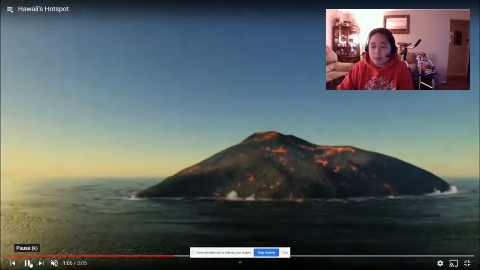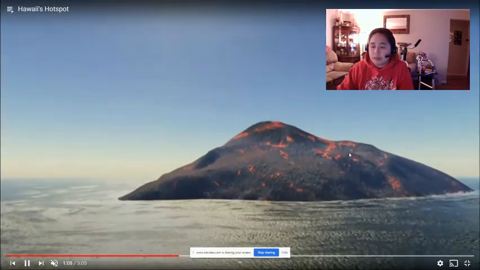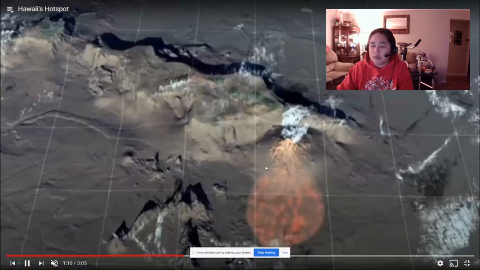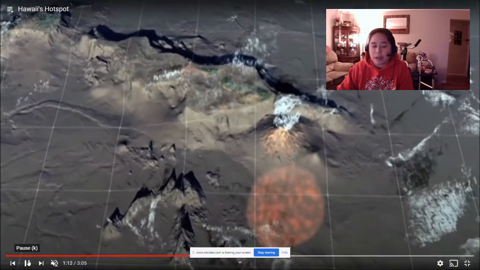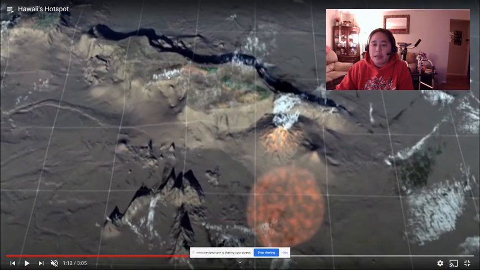If you keep going with this video, again, this is kind of like a fast forward motion of how a Hawaiian island or a volcanic island would form. If I were to label these, like if there was a volcano here in the upper left-hand corner, and then another volcano here in the middle, and then a third volcano here, 1, 2, 3, in your head, you should ask yourself which volcano is going to be the oldest.